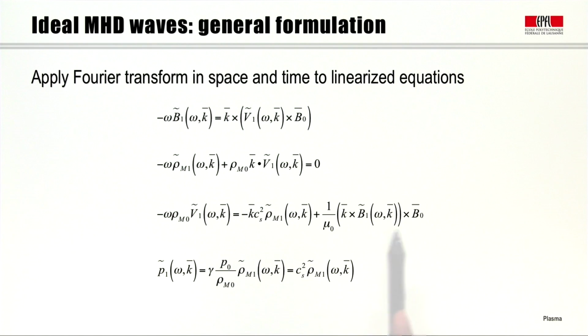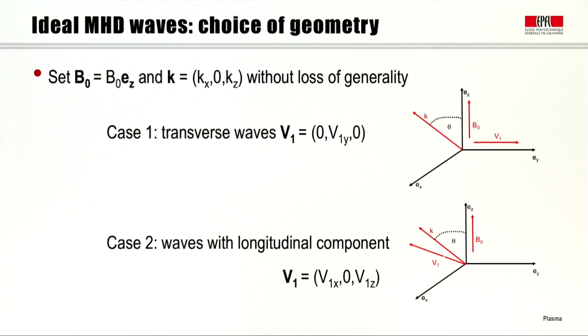We have then for the momentum balance equation minus omega rho m0 V1 tilde equals minus k Cs squared rho tilde m1 plus 1 over mu naught k cross B1 tilde cross B0. And finally, for the perturbed pressure, P1 tilde equals Cs squared rho m1 tilde.